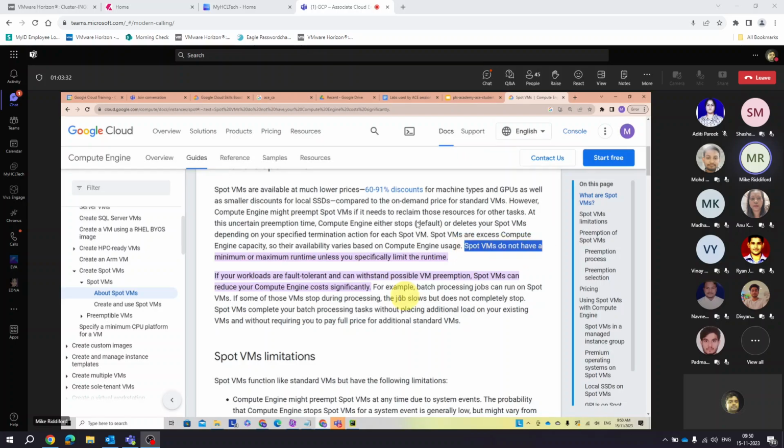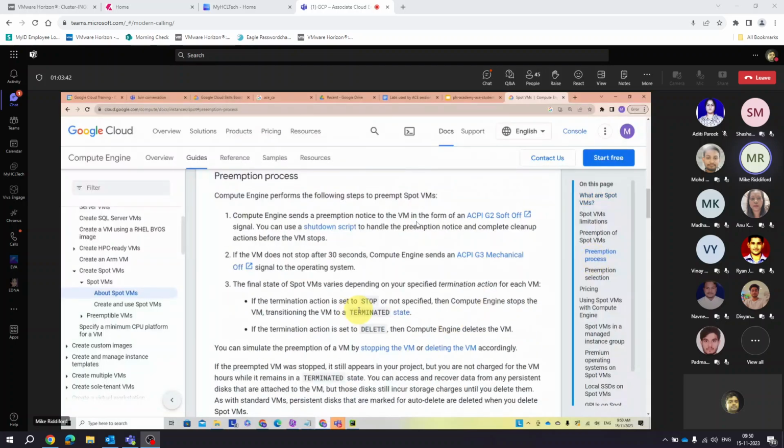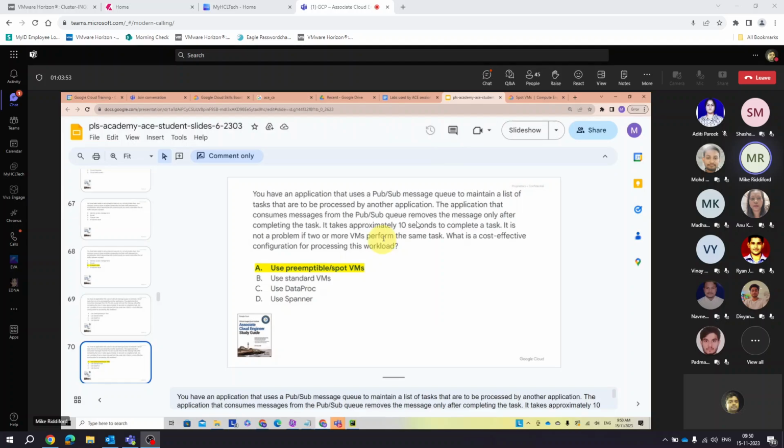you can get that VM taken away from you at short notice. But with the preemption process, they're always going to give you 30 seconds of warning before they take it away. Because they give you 30 seconds of warning and the task itself only takes 10 seconds, you won't be interrupted in completing the task.